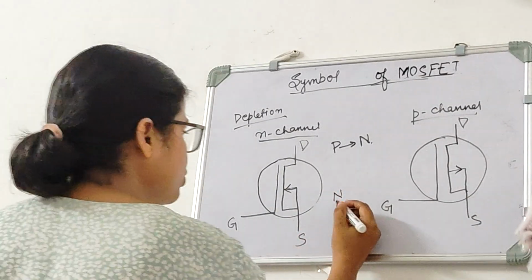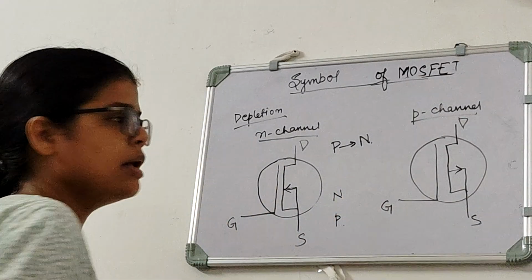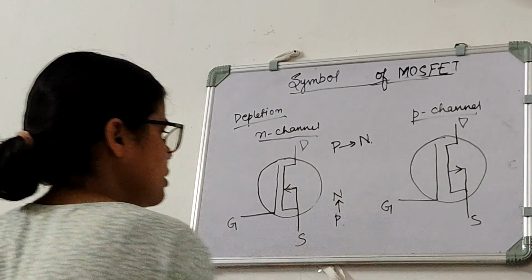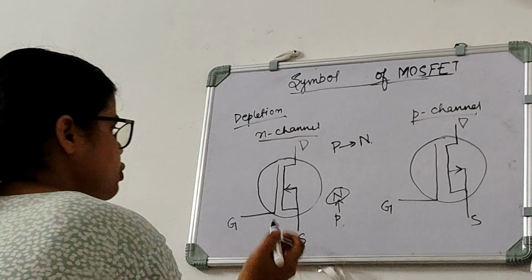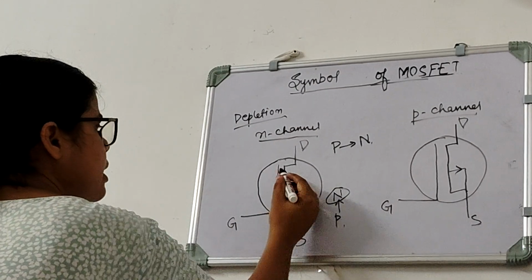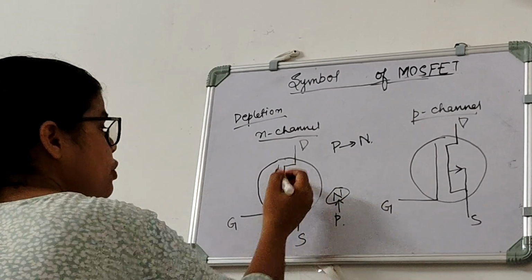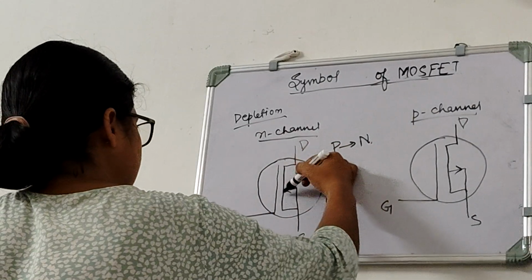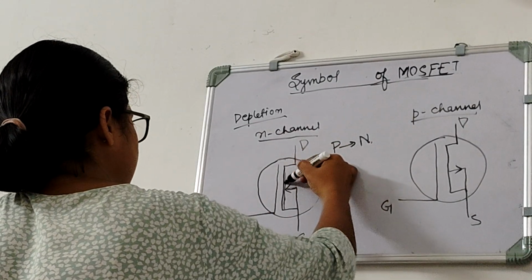So P substrate, N channel, and we have to go from P to N. So P to N, and this N is the channel. So we will go towards the channel, and we will consider this one solid line to be the channel.